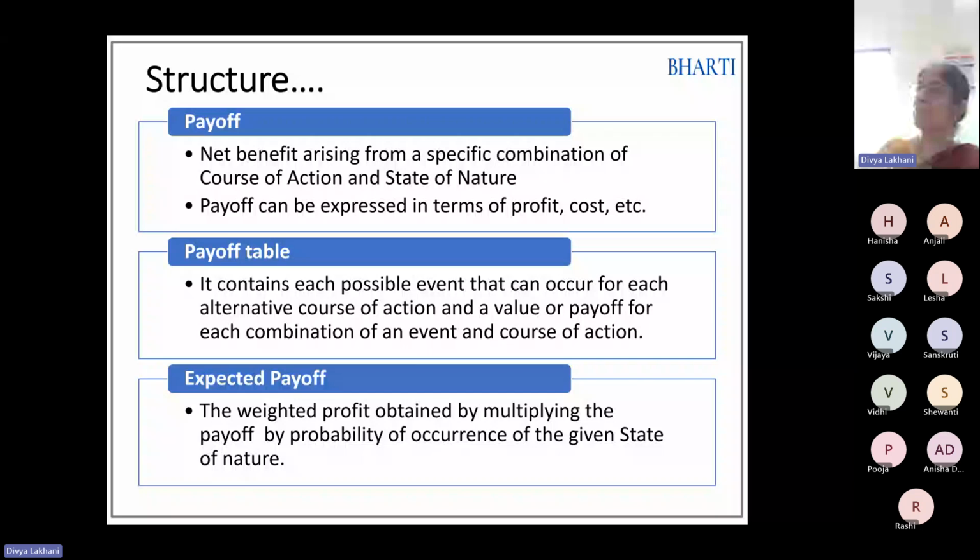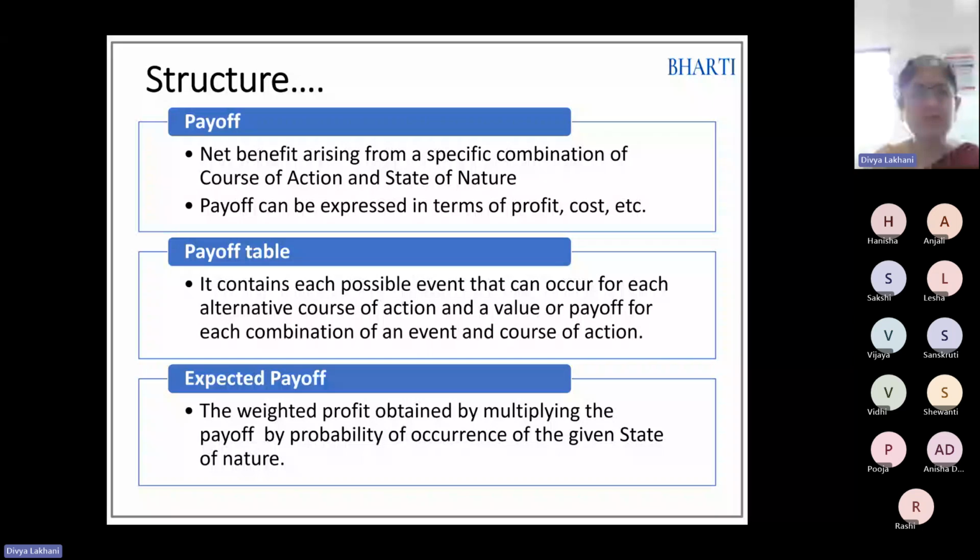Please note the payoff table has to be prepared in a combination which represents the payoff for each state of nature and the possible action that we want to take. I will be showing you a particular example. So the payoff table represents the payoff, maybe the cost or the profit, in combinations. For this particular state of nature, what is the payoff?